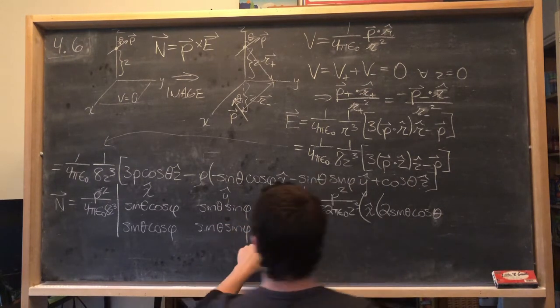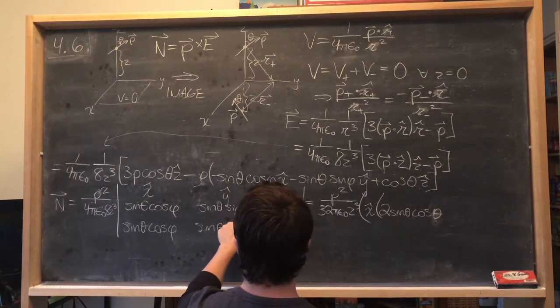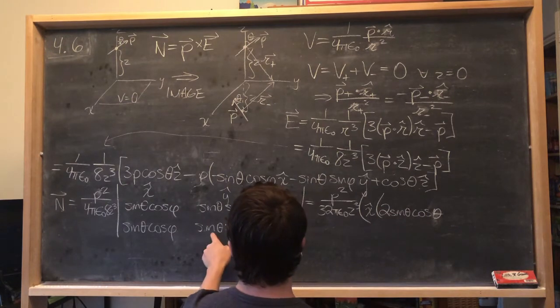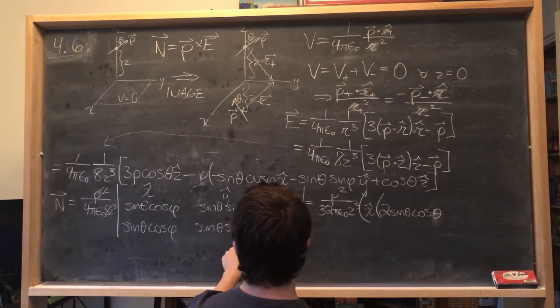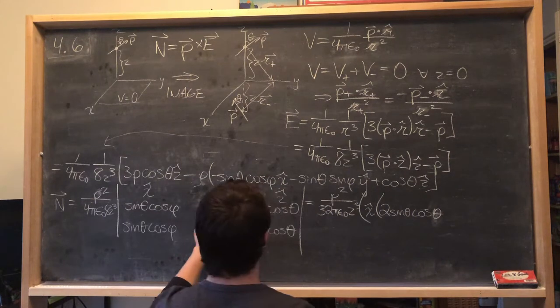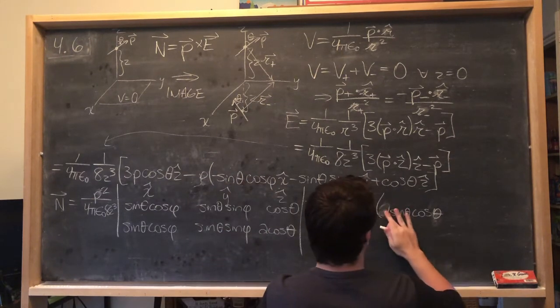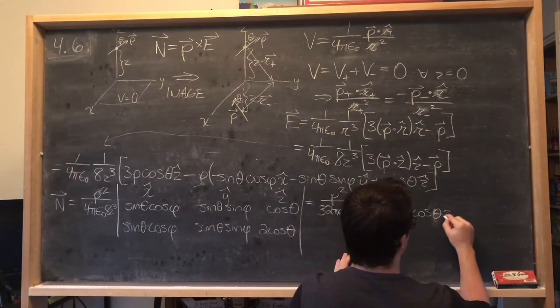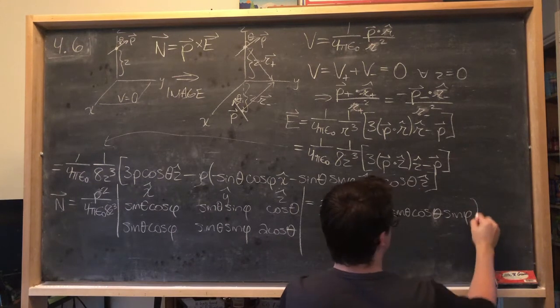So x hat is going to be 2 cosine theta sine phi minus sine theta cosine theta sine phi. So that should just give us sine theta cosine theta sine phi.